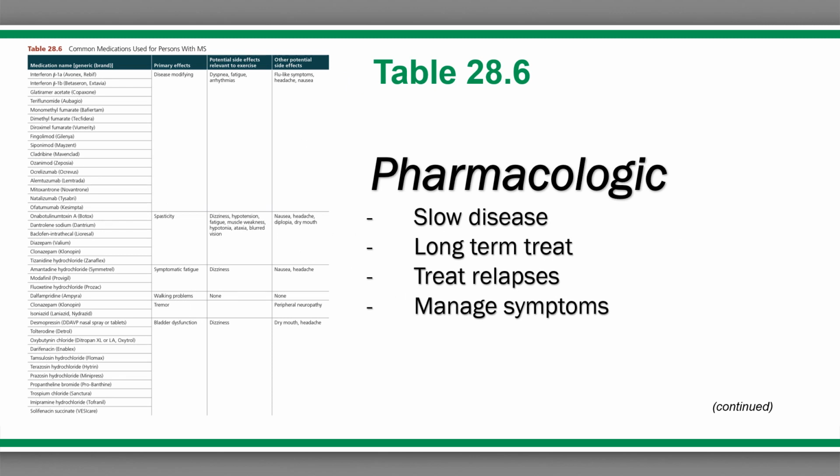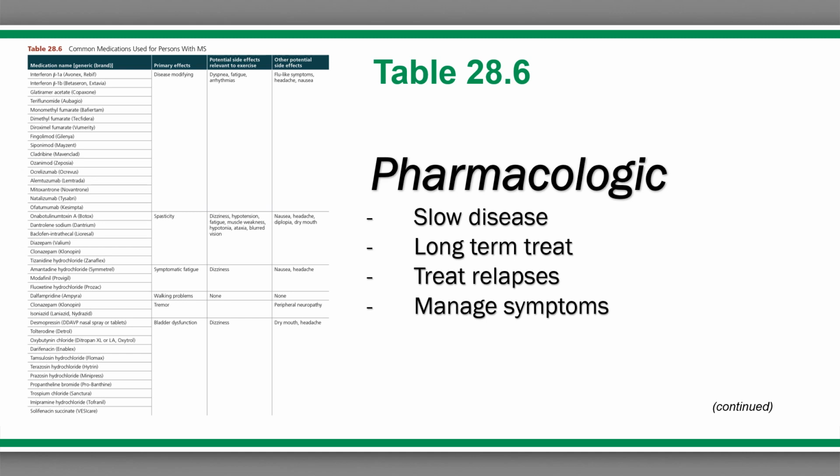There are a number of drugs that are listed on table 28.6 in your textbook, and you'll see that that list has primarily 4 different actions, 4 different purposes. Slow down the disease, a long-term treatment for the disease, treat the relapses, and on the next page, manage those symptoms.